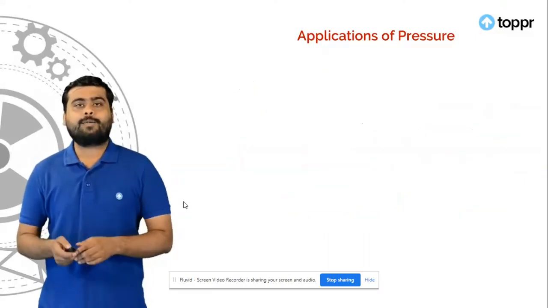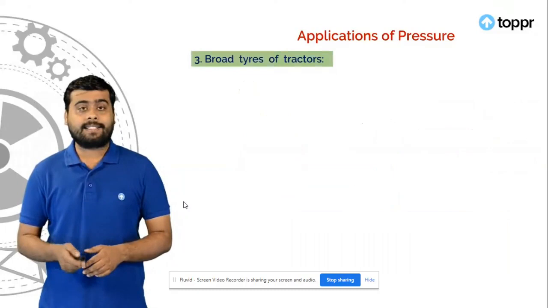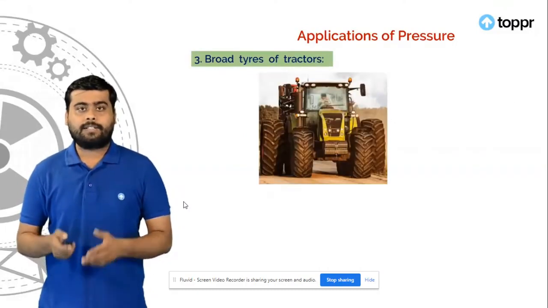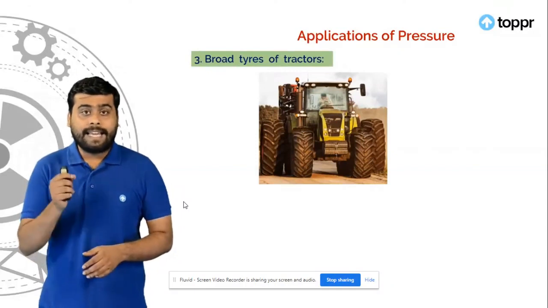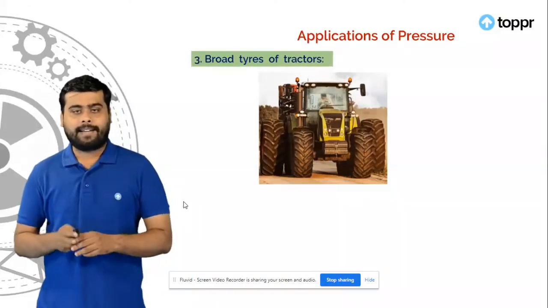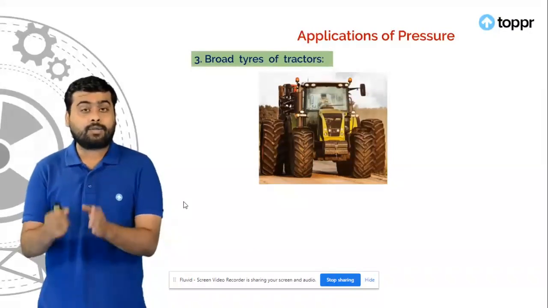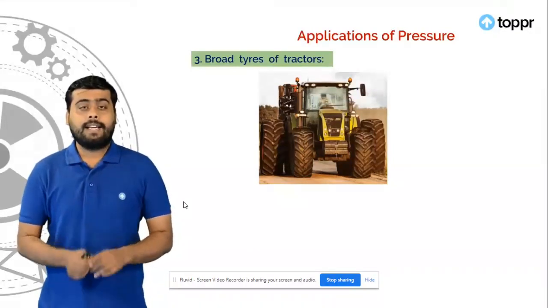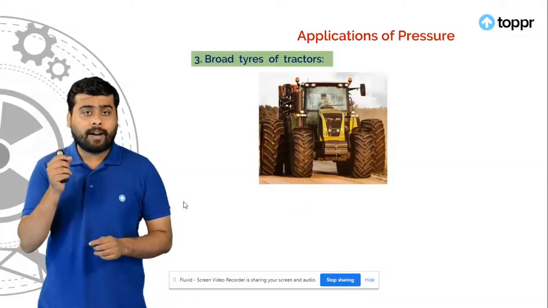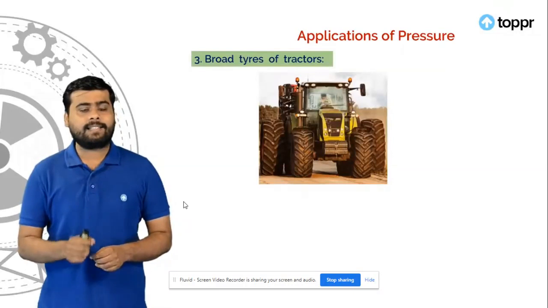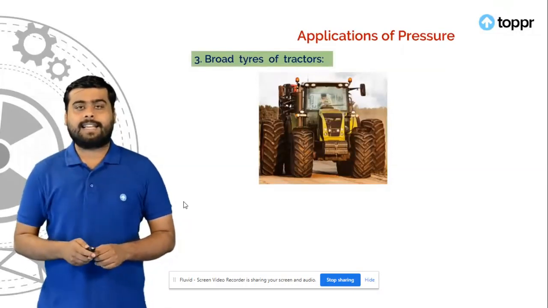Now let's move on to the next example, and that's the broad tires of tractors. Now these tractors we use in agricultural fields or land. This land is very soft, but the tractor is so heavy. If we are running the tractor on agricultural land, then the common tendency is to sink inside the land.